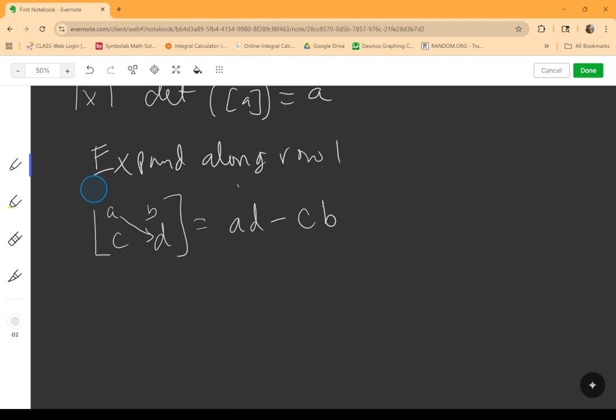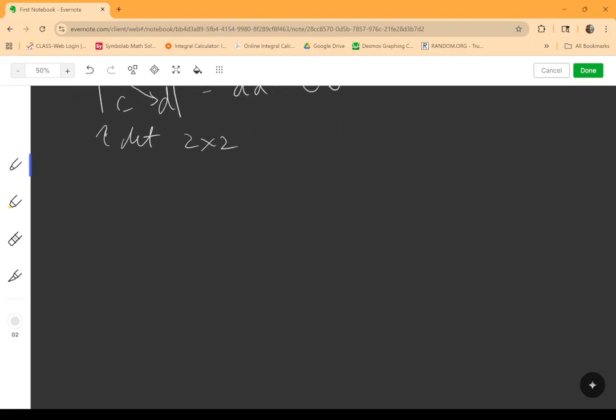And instead of these brackets, to show a determinant we use the absolute value bars. So this is the determinant. The determinant of any 2 by 2 matrix looks like this. Now, for any larger matrix that I want to expand, the formula in the textbook boils down to this.